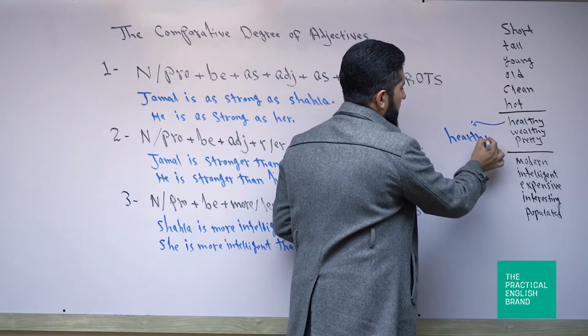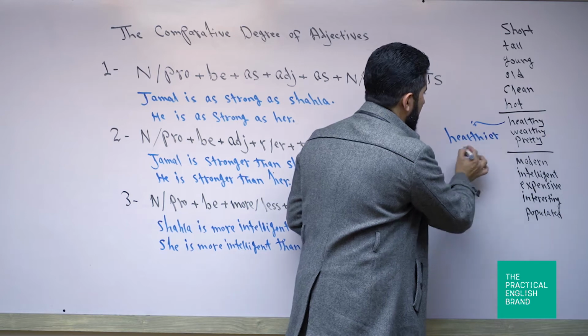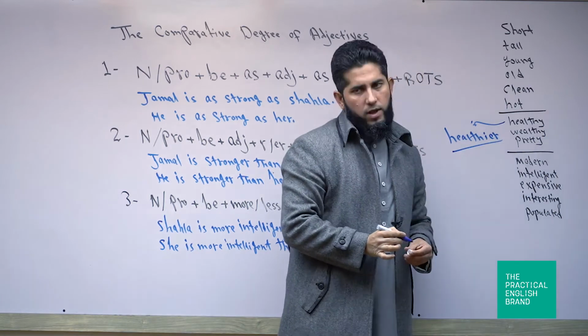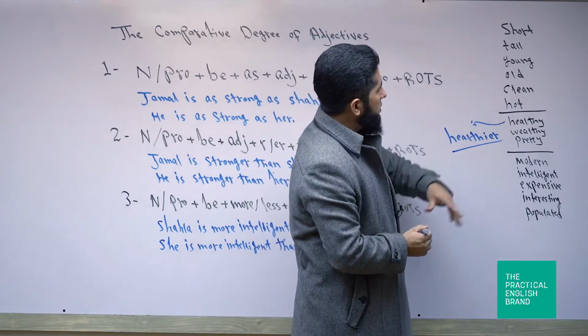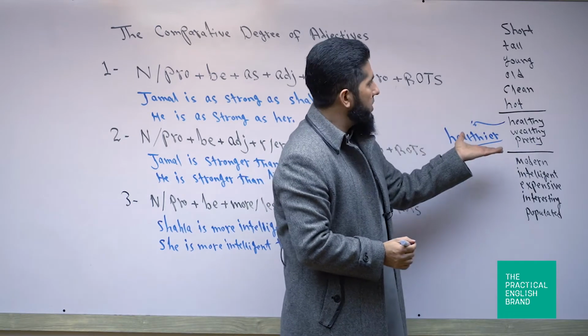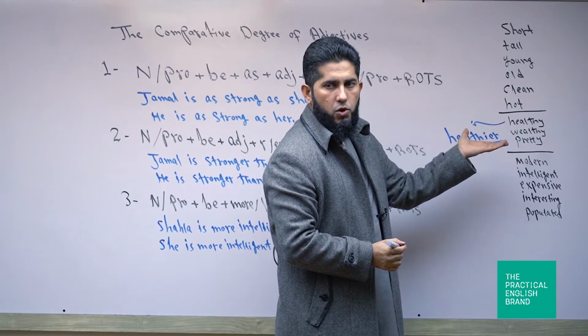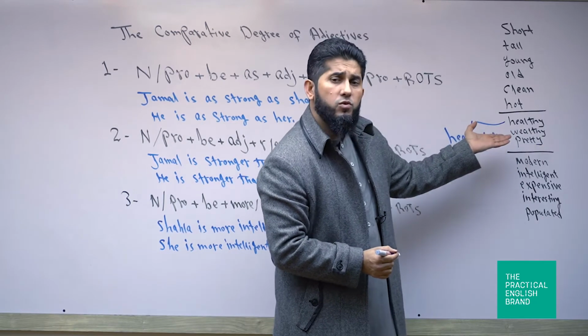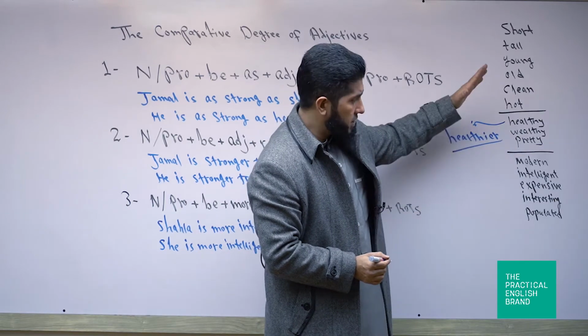See, change Y to I and then add ER. Healthier, wealthy, wealthier, and pretty, prettier. So they are used in the same way. For example, you can say he is shorter than her, and you can also say he is wealthier than her or she is wealthier than her. Okay, so in the same way.